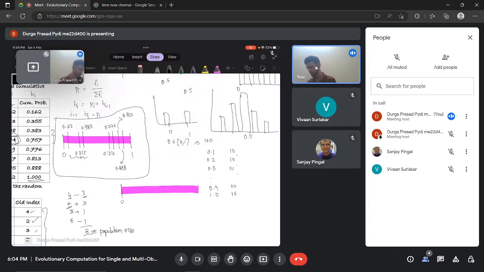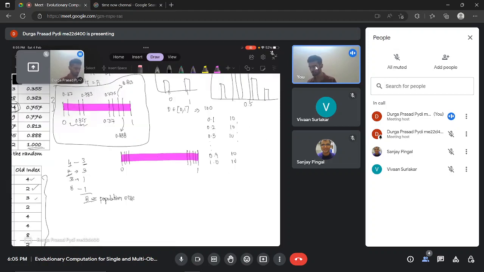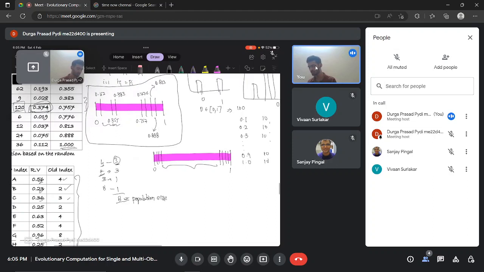Zero will start somewhere here, all these small things will come here, and 1200 will occupy a larger part, and the remaining things will come here. Most of your numbers will then fall within that part. So instead of getting 3 copies, 1200 might get 7 copies, and some other number might just get 1 copy. Or it can happen that 1200 will get all the 8 copies also.